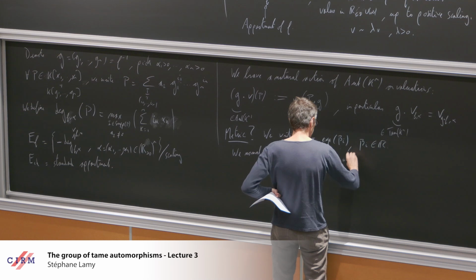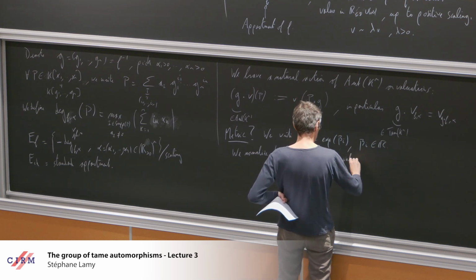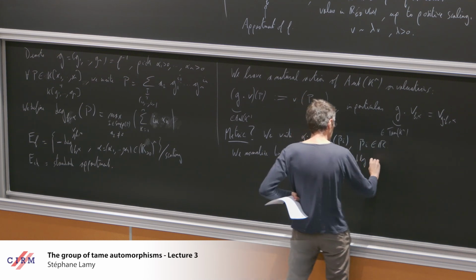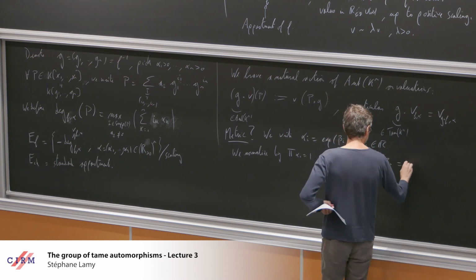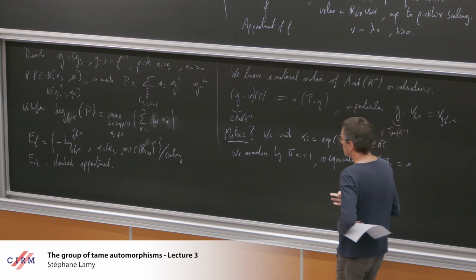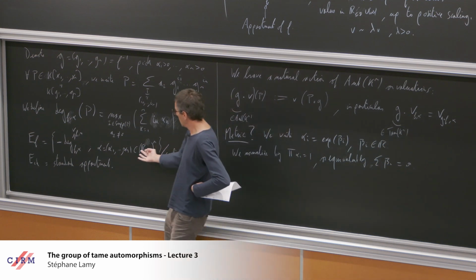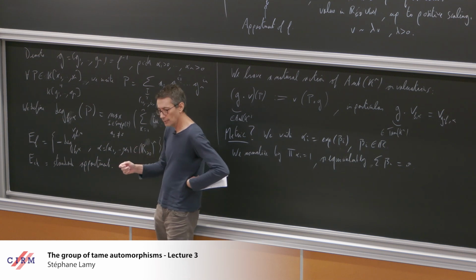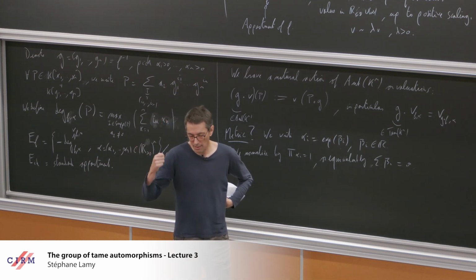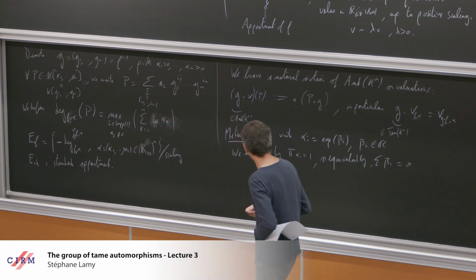So equivalently, the sum of the beta i is 0. So you see that my E_F is in bijection with the beta i in R such that the sum is 0.